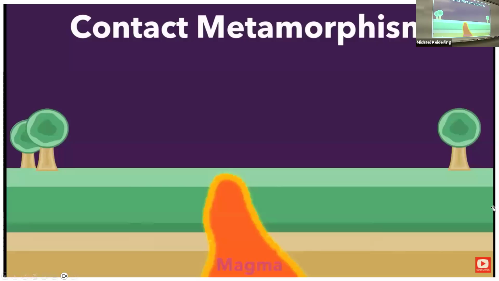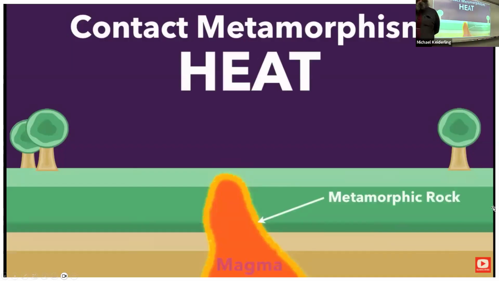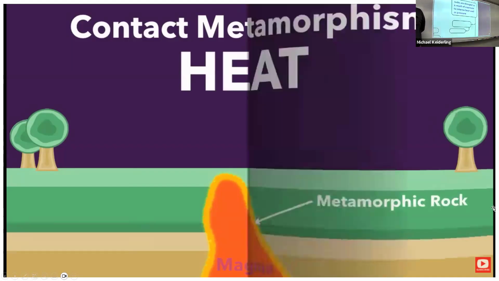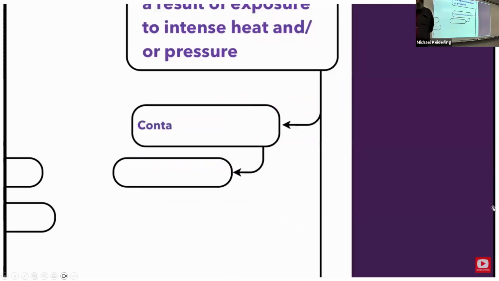So anywhere you see the orange, you're going to have some metamorphic rock. This is caused primarily by heat. Let's fill this in on our flowchart. Okay, so the first type is contact metamorphism, and this is caused by contact with heat. Whenever a rock comes into contact with magma or lava, it is burned or metamorphosized by that heat.